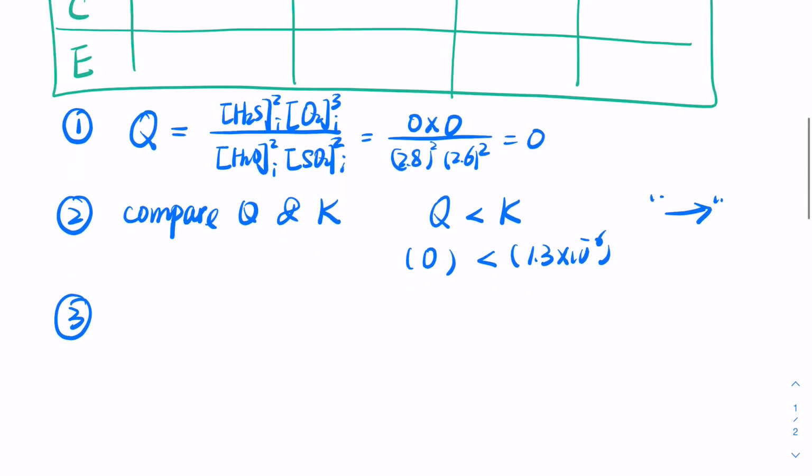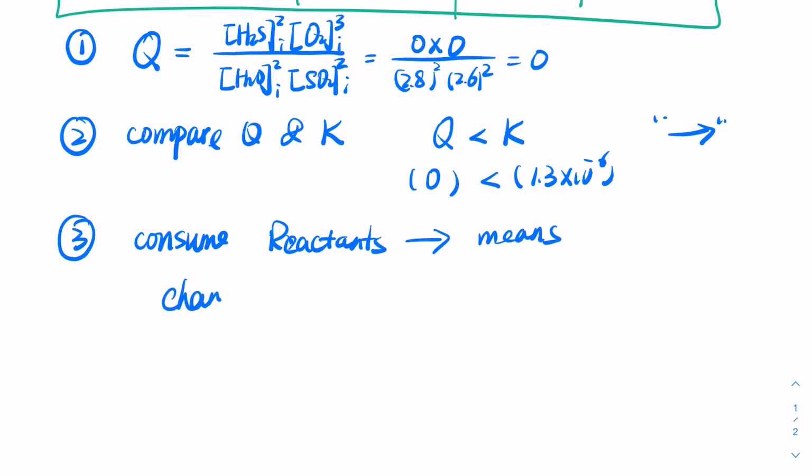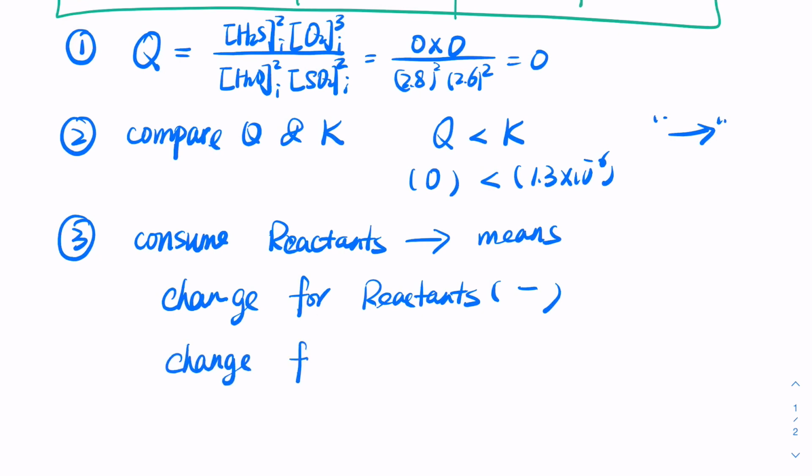Therefore, I feel comfortable saying I'm consuming reactant, which means the change for reactants is going to be negative, because you're using it up. The change for product is going to be positive, because you're making more product.